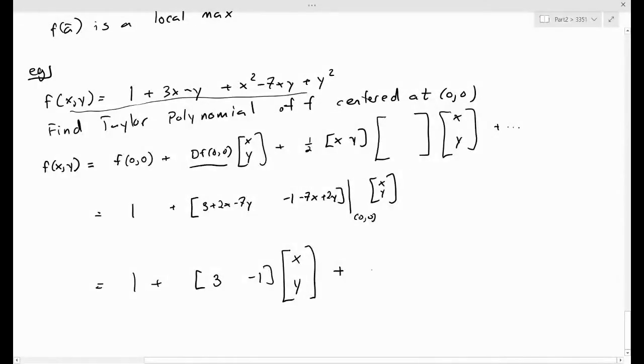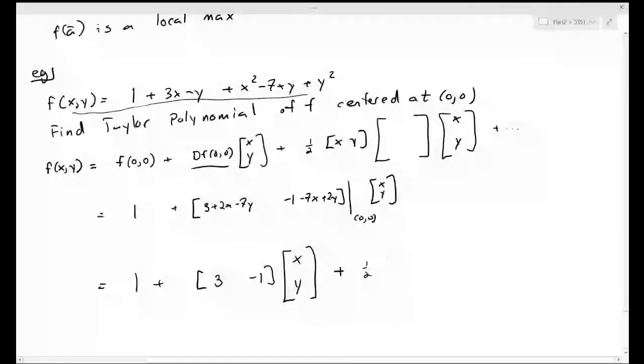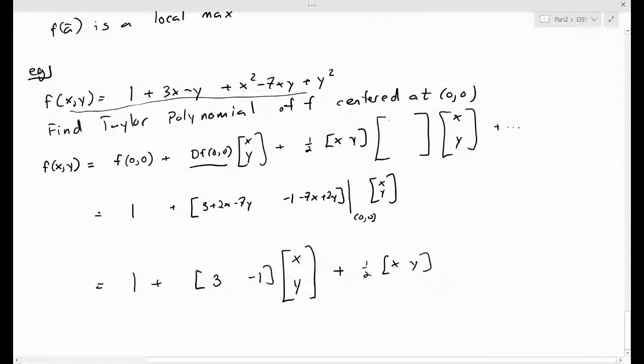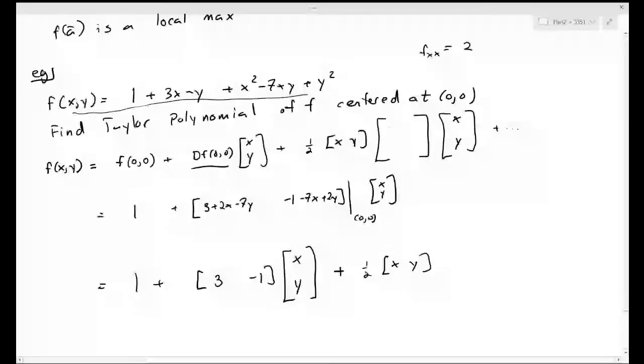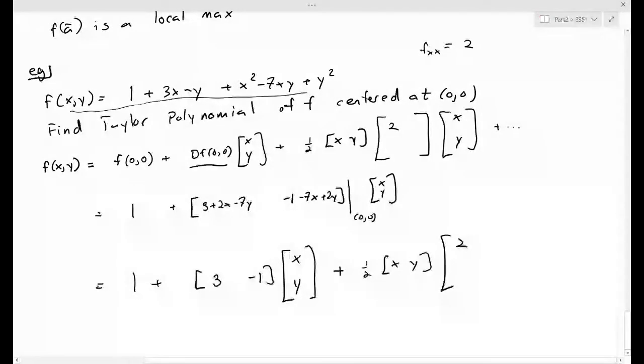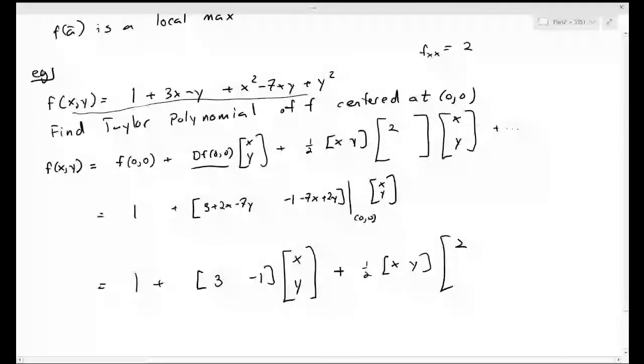And then we have 1/2 xy, and now we have the second order derivatives. So let's say fxx is 2. Fyy is 2 as well.